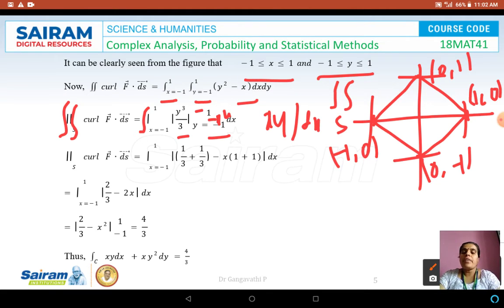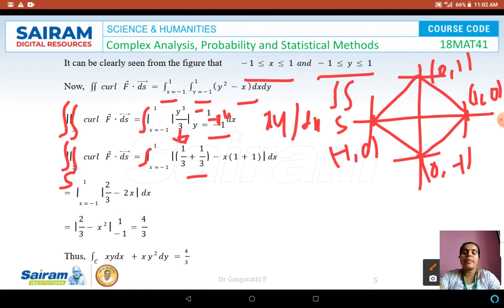So when we substitute the limits, the double integral over S of curl F dot dS is equal to integral x is equal to minus 1 to 1. Now let us substitute the limits for y cube by 3. Minus 1 whole cube is minus 1 by 3, minus of that for lower limit, plus 1 we get 1 by 3.